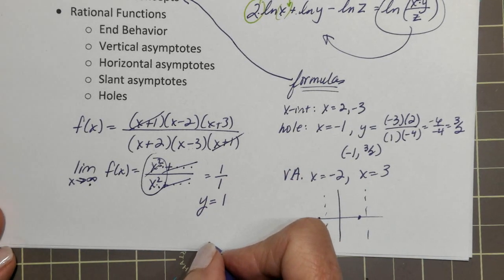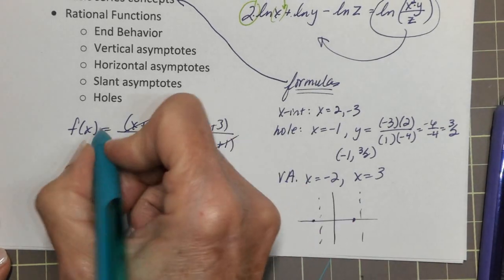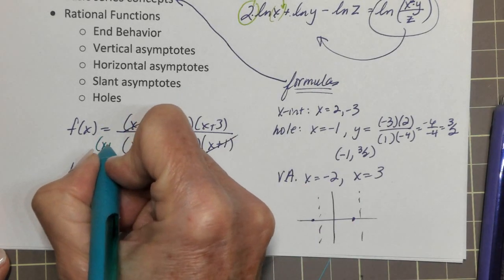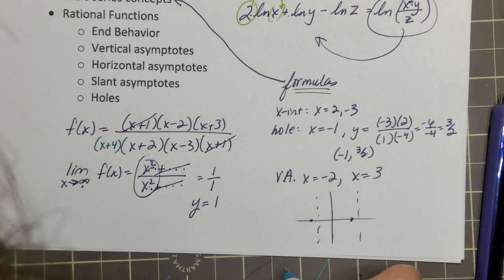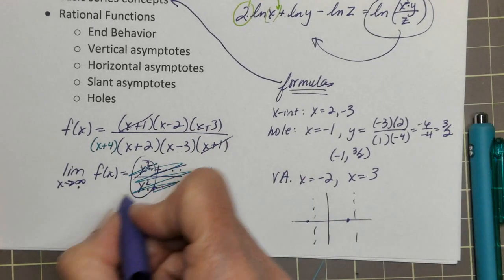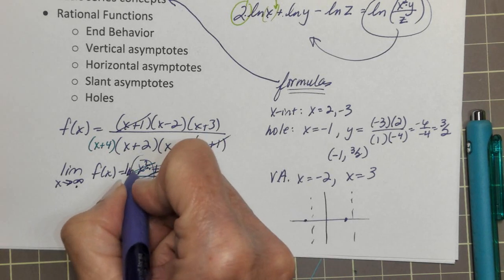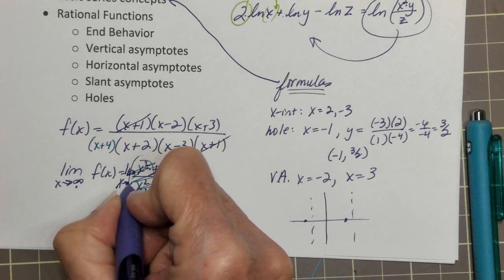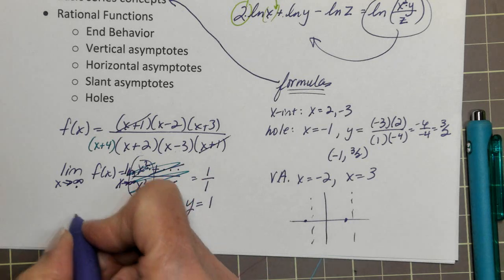All right, what if we had another term on the bottom? Let's make it x plus 4. I forgot to carry my limit over.